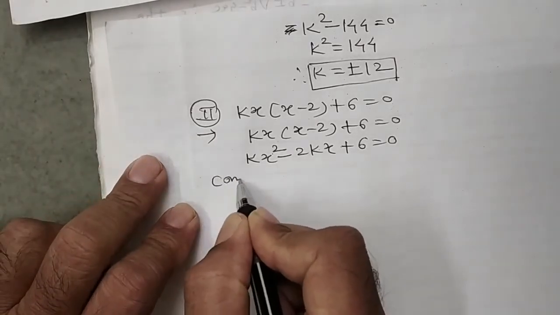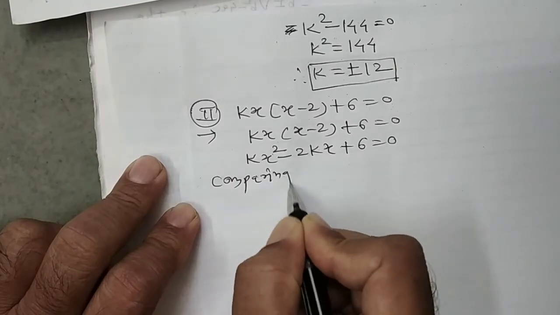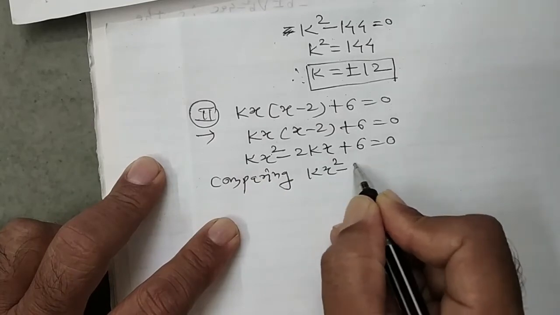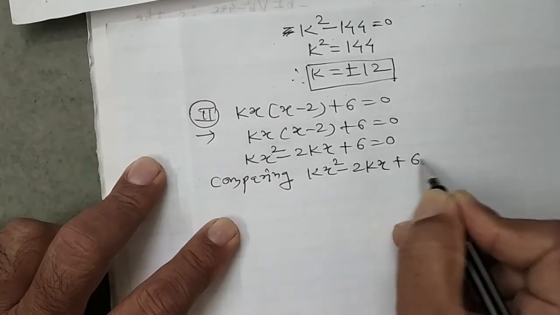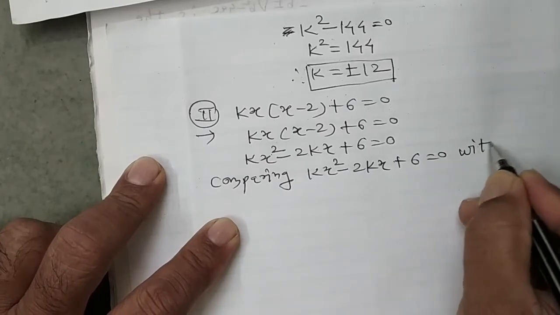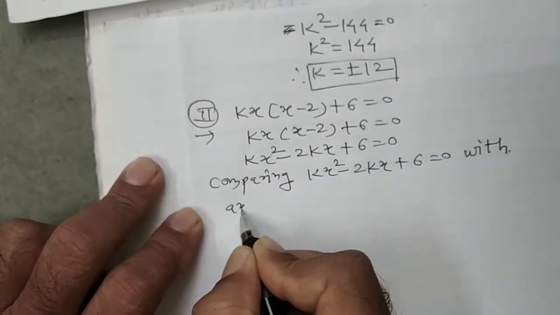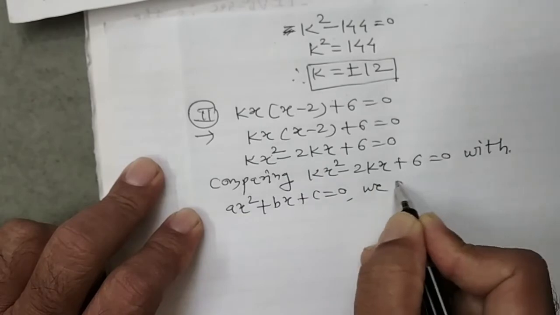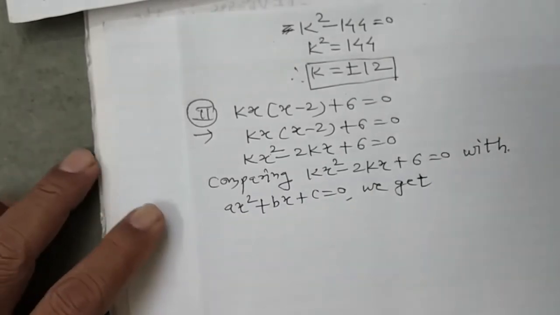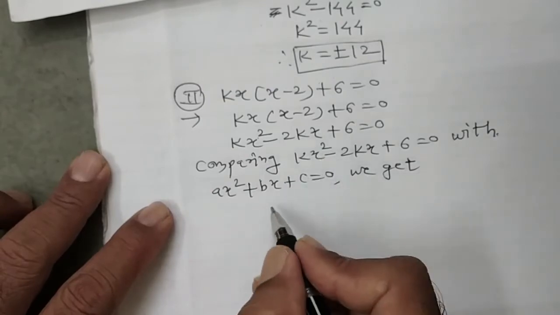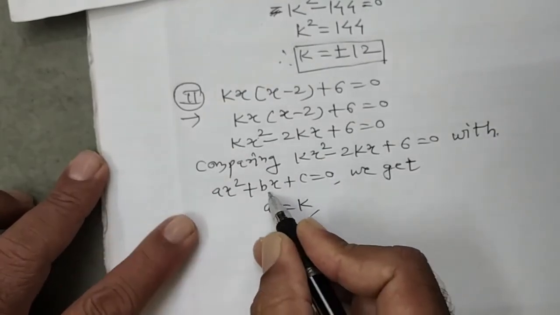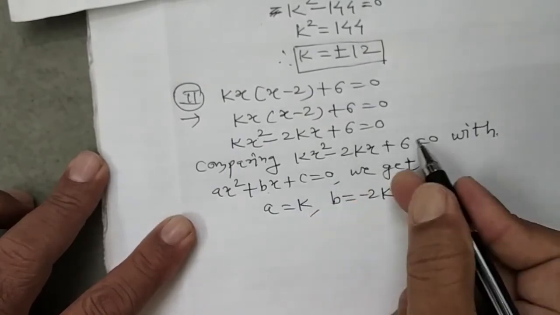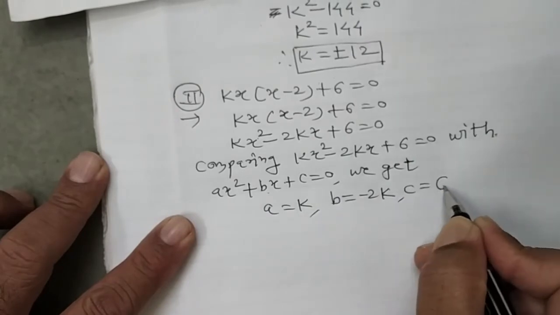Therefore comparing kx square minus 2kx plus 6 is equal to 0 with ax square plus bx plus c is equal to 0, we get: comparing coefficients of x square, a is equal to k; comparing coefficients of x, b is equal to minus 2k; and comparing constant terms, c is equal to 6.